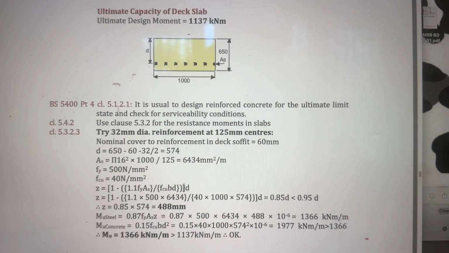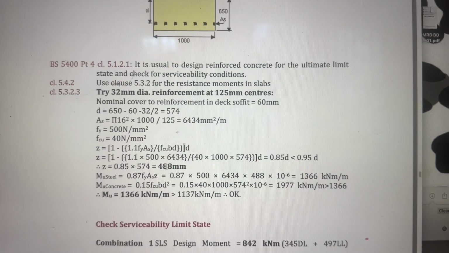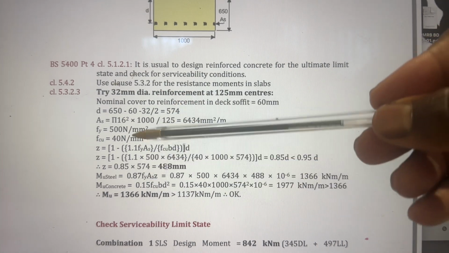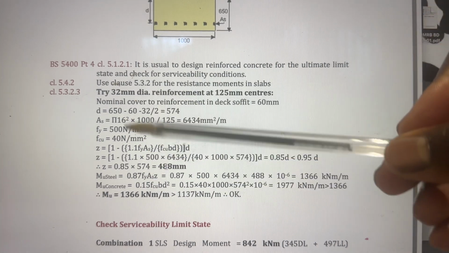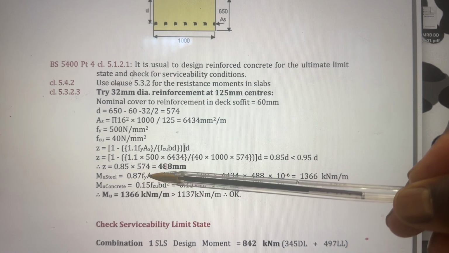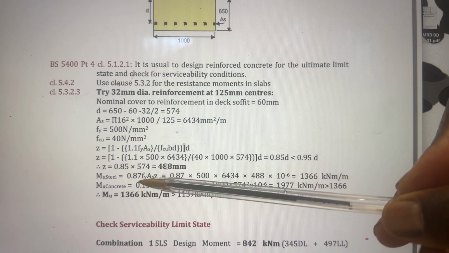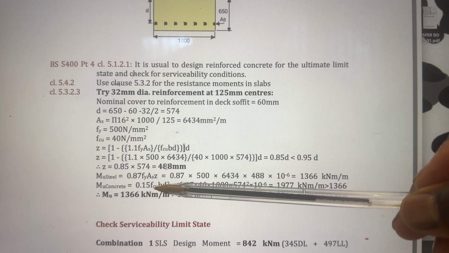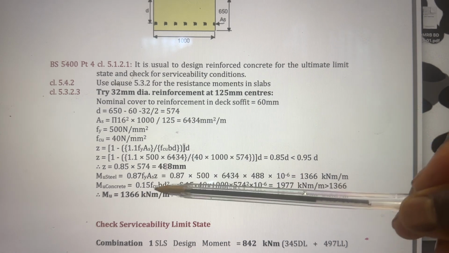You need to have BD as well, and that gives you the best approach to calculate some of these. So using these values is straightforward. I replace them in the two equations. You can see the first equation, 0.87 Fy AS Z, this is for steel, and 0.15 FCU B D squared, this is for concrete.